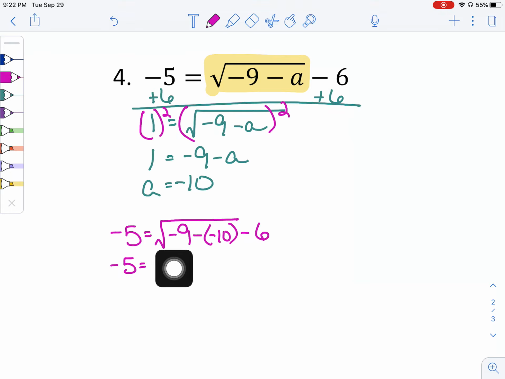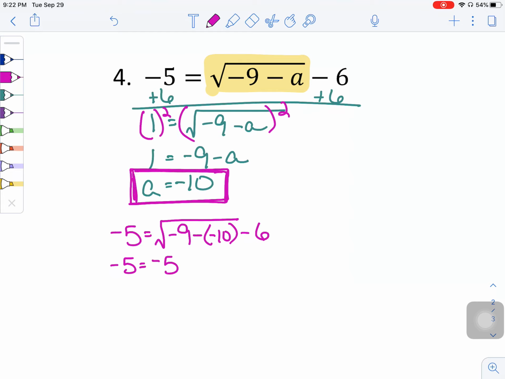But I want to put this whole mess into my calculator and have it simplify. Again, if you don't want to use your calculator and you just want to do it in your head, that's fine. Just be careful with the double negative here, okay? So this turns into negative 5. Negative 5 equals negative 5 is true, which means that this is absolutely the value I want for A.